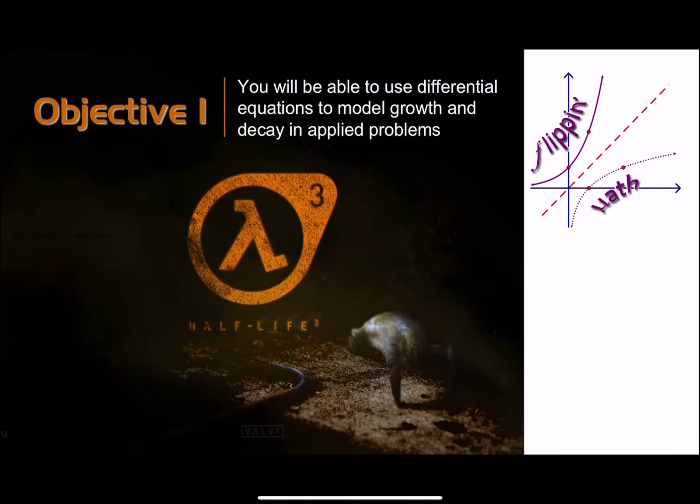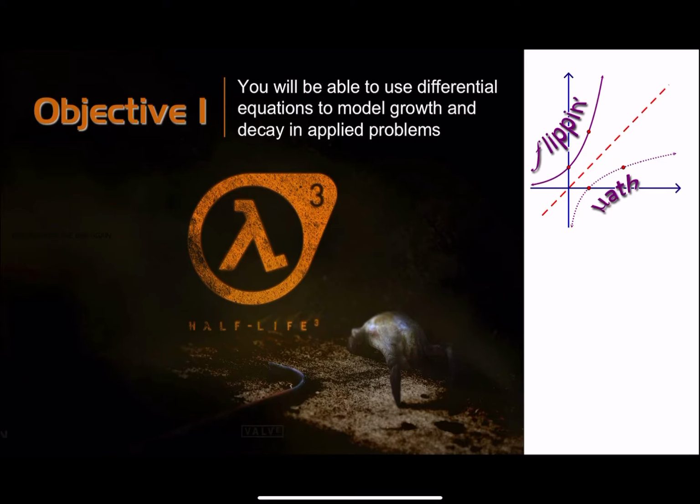Okay, so first objective, it's about applying differential equations to growth models and decay in applied problems. And specifically, this is just generally unchecked exponential growth. And you probably remember from your prior math classes what that exponential growth equation looks like.